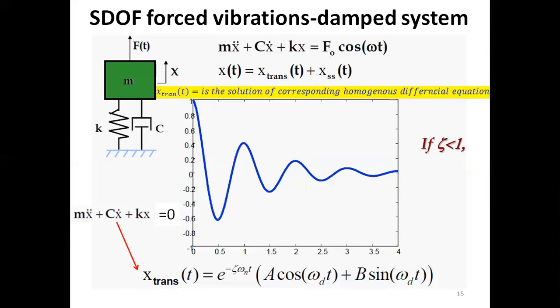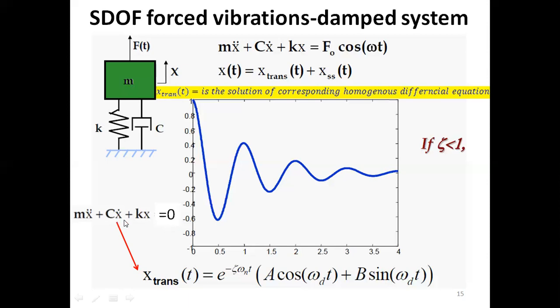So when this single degree of freedom system is subjected to free vibration, its dynamic equation would be represented by this ordinary differential equation. We have already studied this equation and its solution.